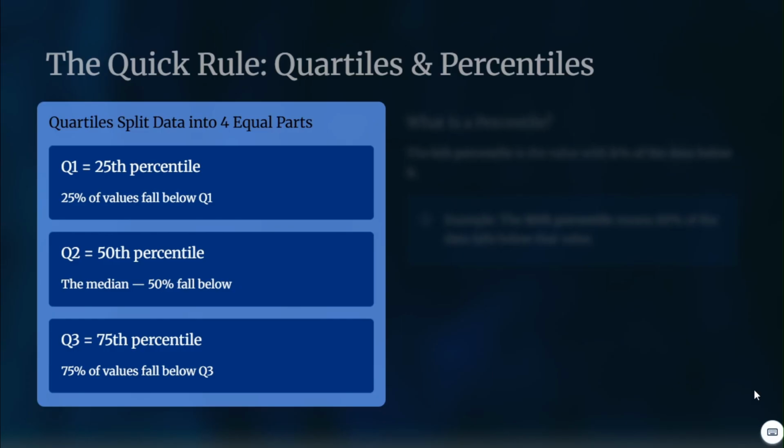It separates the data into 2 equal parts, meaning 50% of the data will fall below the median or the second quartile, and 50% of the data will be above the second quartile or 50th percentile. And Q3, the third quartile, is the same as the 75th percentile, meaning 75% of values will fall below Q3.